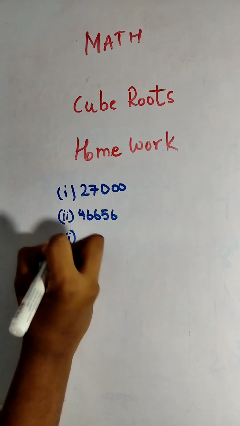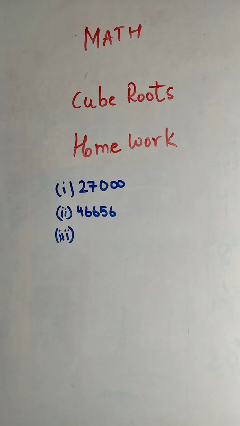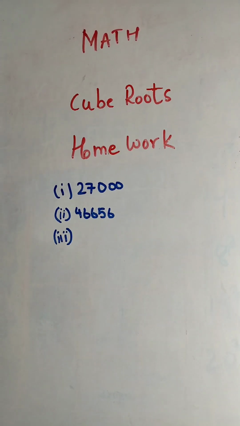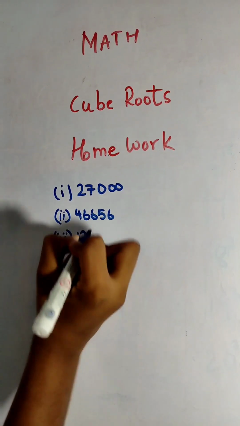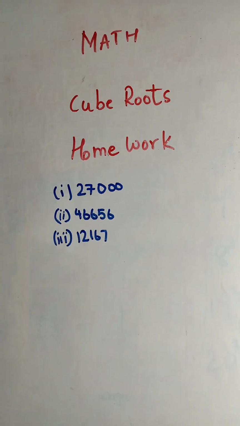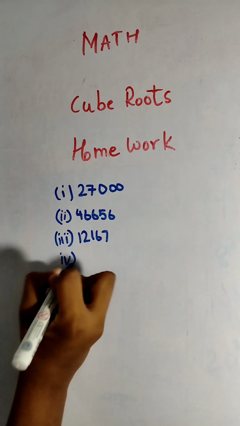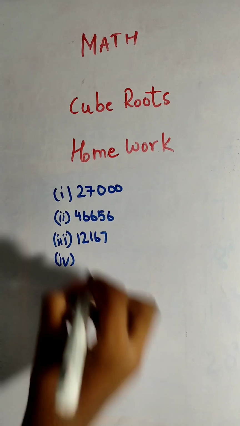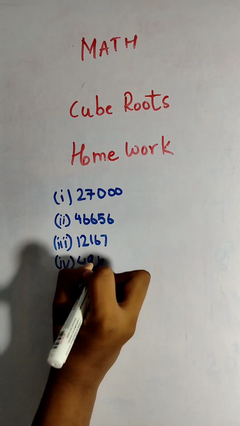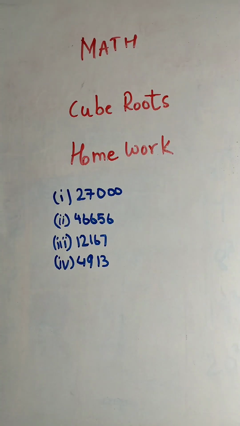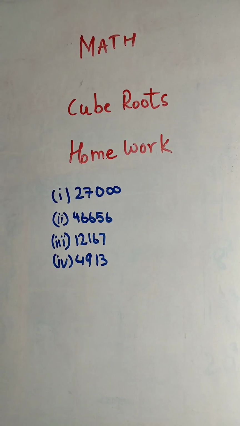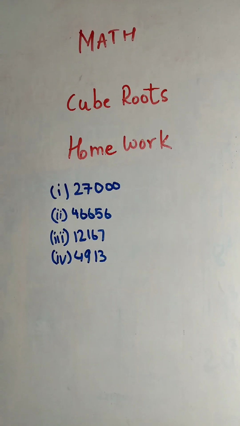We used the example of 17,576, but as a homework, I will give you the number 12,167 and a simple number, that is 4,913. So this is the only 4-digit homework that you have, but they're all pretty simple. Go ahead and try it on your own.